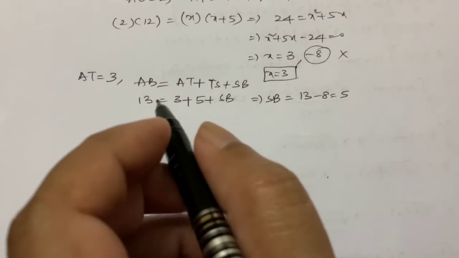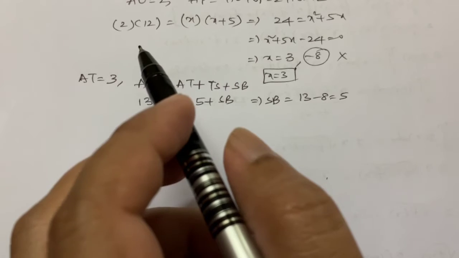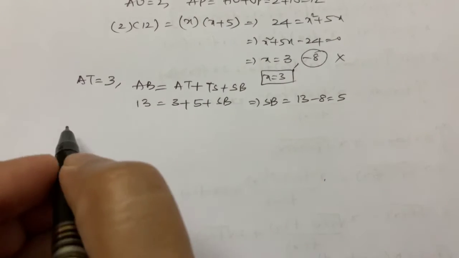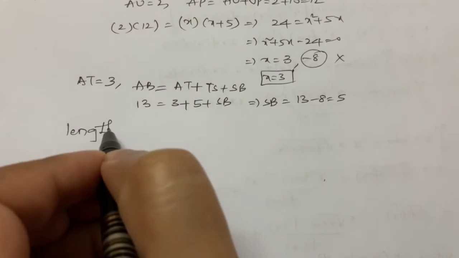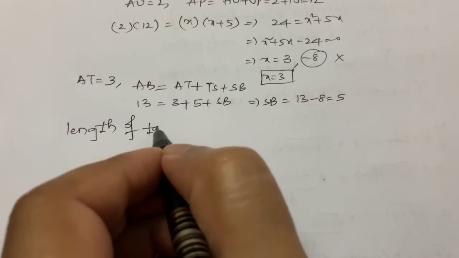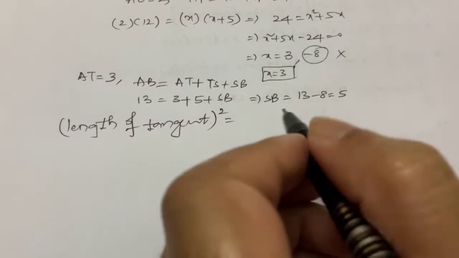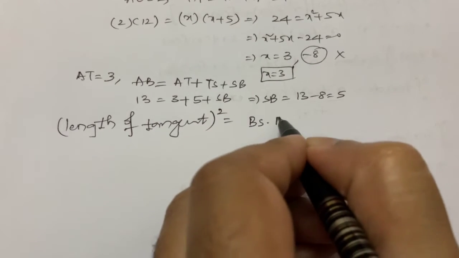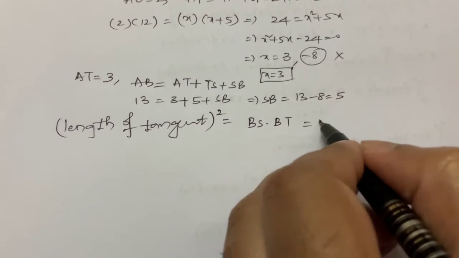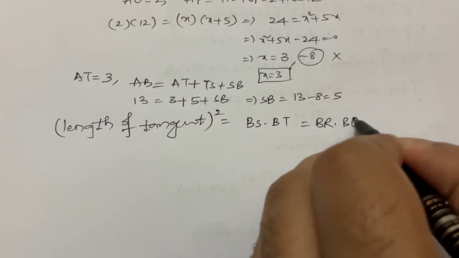Again, if I use length of tangent from B, it is equal to BS into BT, which is equal to BR into BQ.